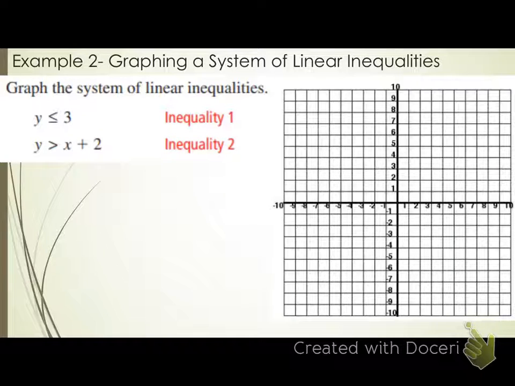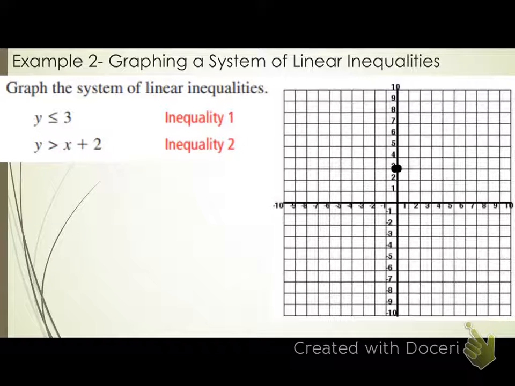So how do I graph y equals 3? Go to 3 on the y-axis, positive 3. Because it's just y and a number, I know it's going to be a horizontal line crossing my y-axis at the value 3.